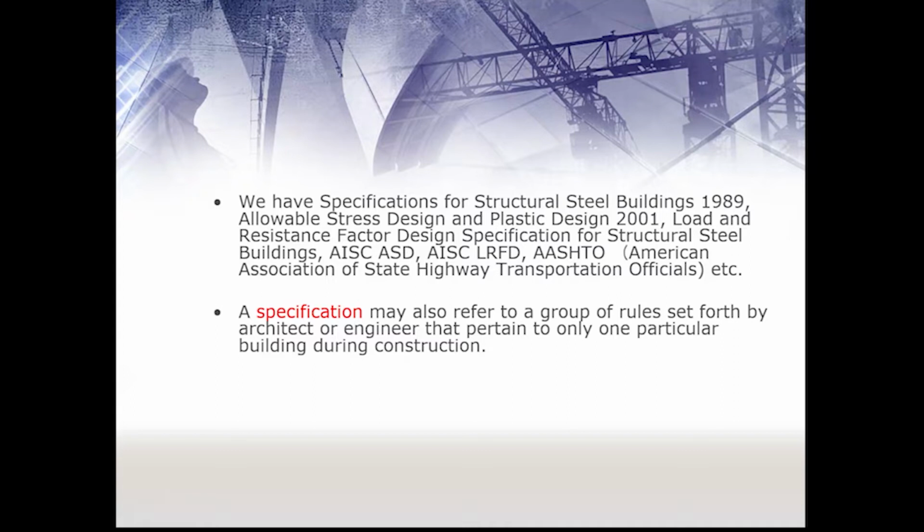Talking about a specification may also refer to a group of rules set forth by an architect or engineer that pertain to only one particular building during construction. For instance, this specification for structural steel building came out of a building code. It can be the international construction building code, that is the main building code, but from that main code they came out with a specification related to structural steel building.